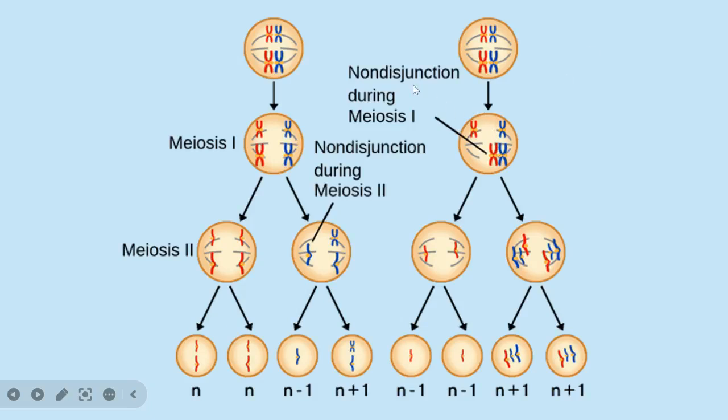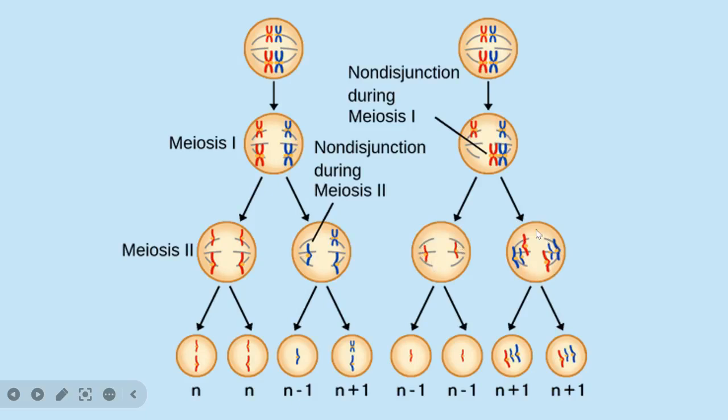Ayan po. So non-disjunction during meiosis I, for example po, it occurs in the anaphase po, at please don't forget, mapapansin po ninyo, the daughter nuclei that is formed kapag meron pong non-disjunction in the anaphase po, ayan po, abnormality in the number of chromosomes for each daughter nuclei. Meron tayo nitong dalawang chromosome.